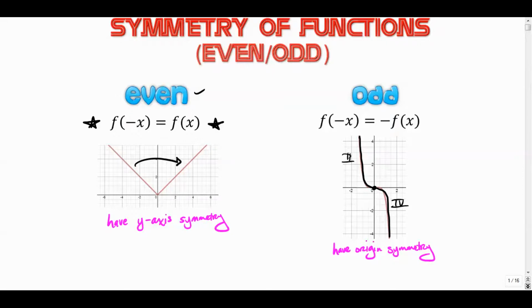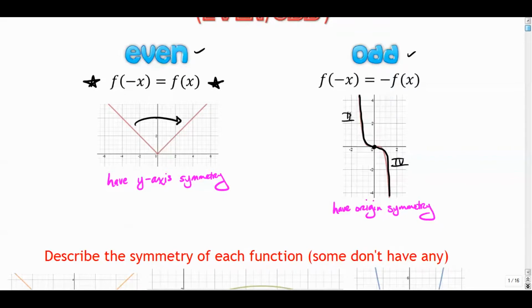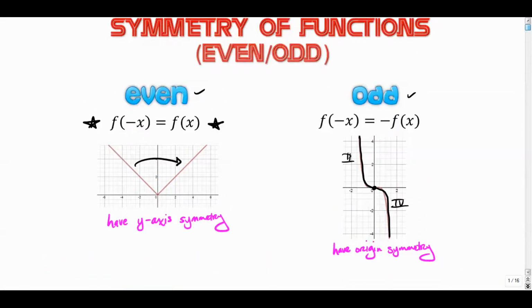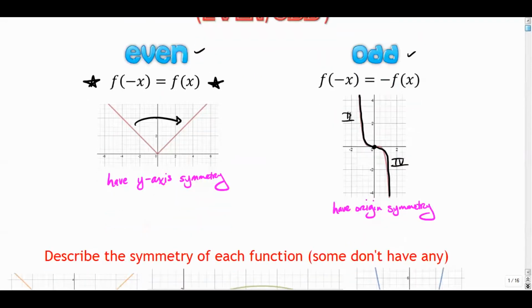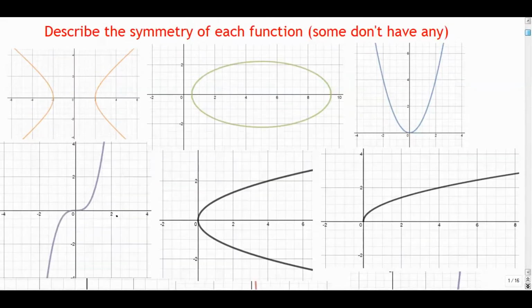If that's the case, formally you replace the x's with negative x's and you should get the opposite of what you started with, and that function is called odd. The other type of symmetry is x-axis symmetry, and x-axis symmetry has a different test and it's sort of a different look. So let's look at some very quick examples here.